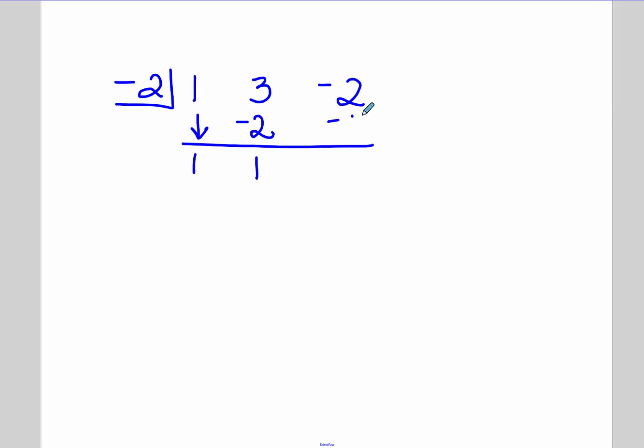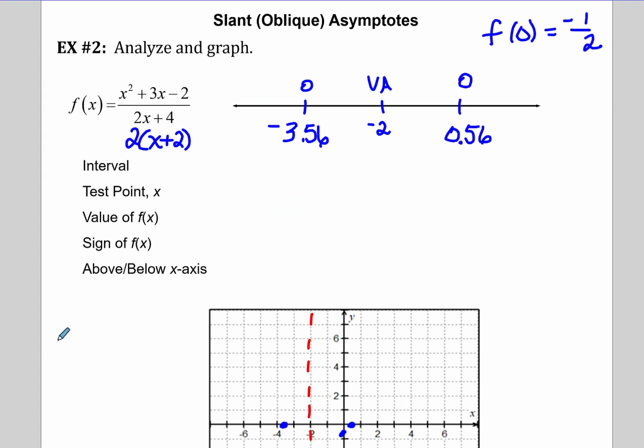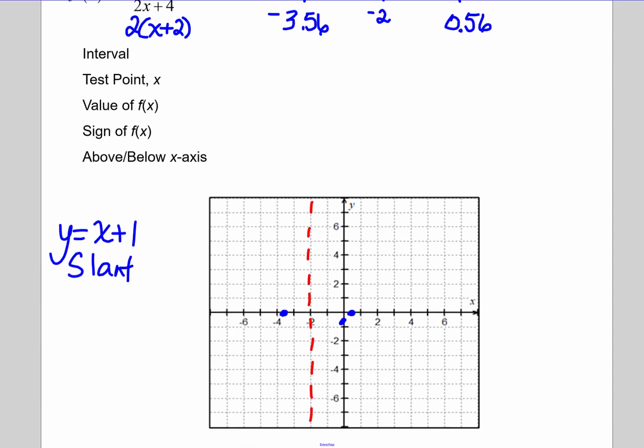There we have our slant asymptote. The depressed polynomial is x plus 1. So we know y equals x plus 1 is a slant asymptote, and we can sketch that in. Y equals x plus 1 is going to be on the diagonal like such.